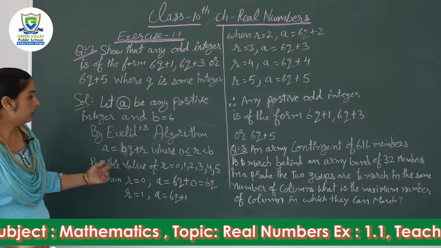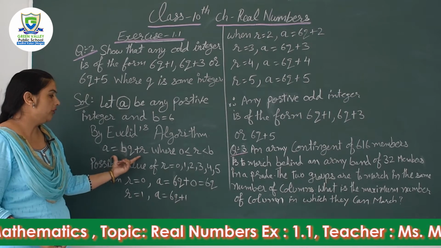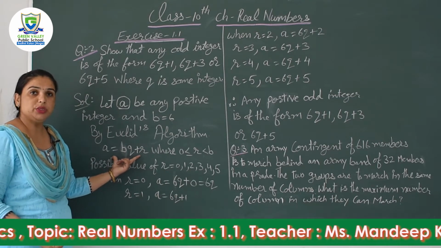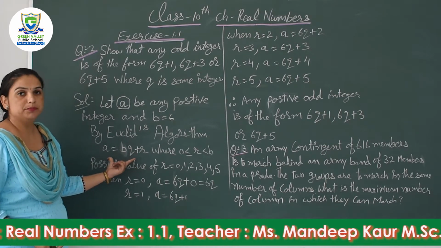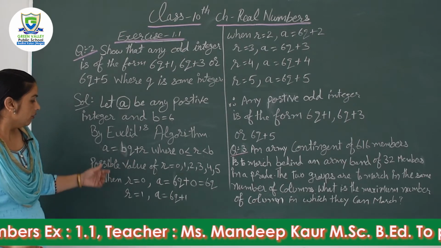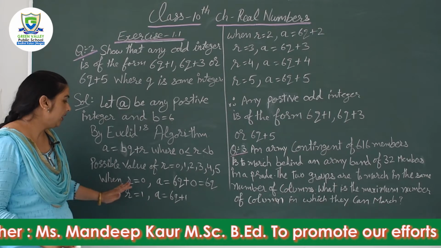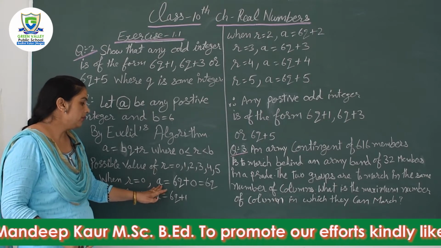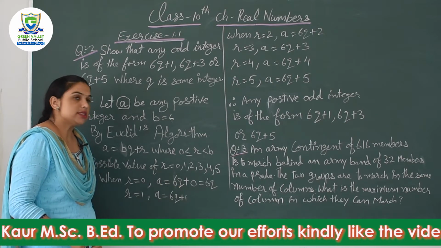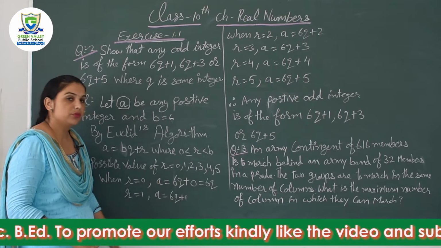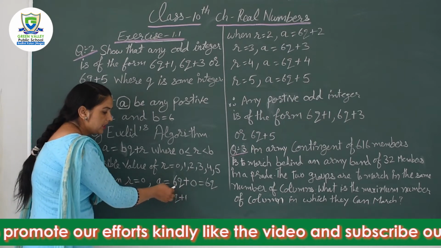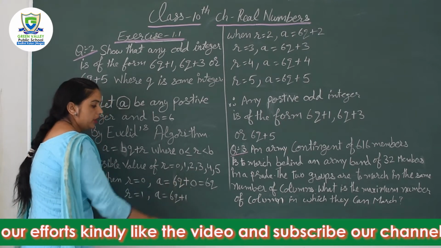So now one by one we'll substitute r value and b value in this division algorithm. Very first I have substituted r value as 0. It will become a is equal to 6q plus 0, because b is 6 and r we have put here 0.